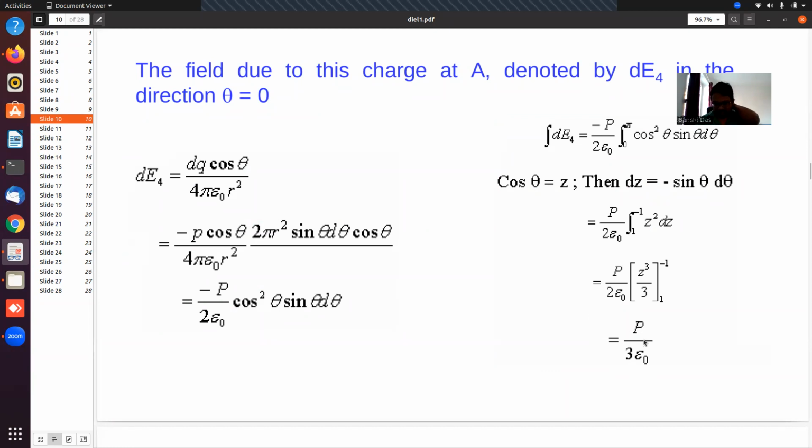This is the polarization, the net polarization that we can measure experimentally. So it is scaled by 1/3.